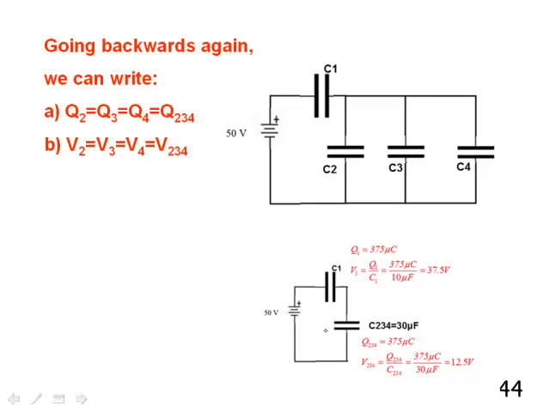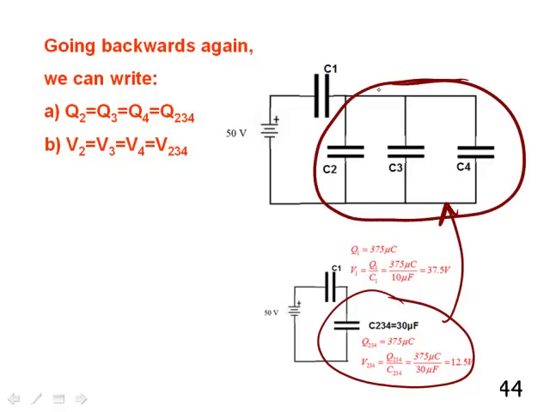So when we go backwards from here to here, are we going to say that the charges Q2, Q3, and Q4 are equal to Q234? Or are we going to say the voltage across C2 and C3 and C4 are equal to the voltage across 2, 3, 4? Think about that for a moment. Press pause and then come back.